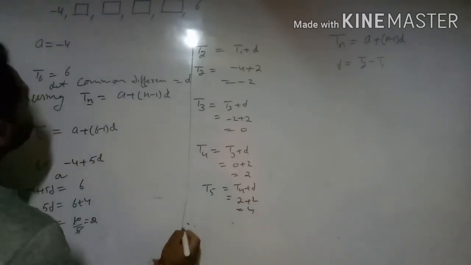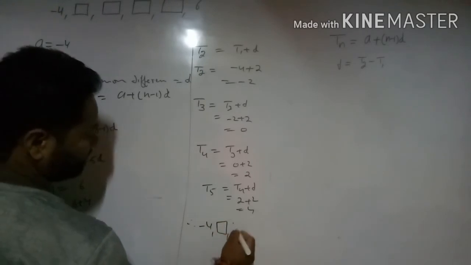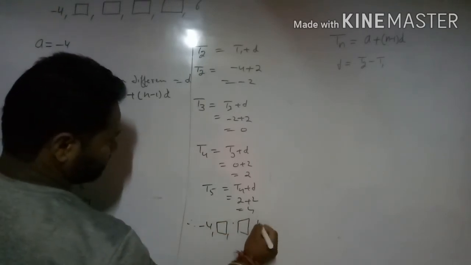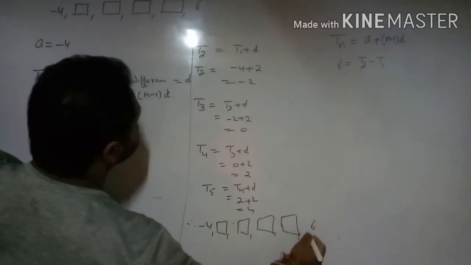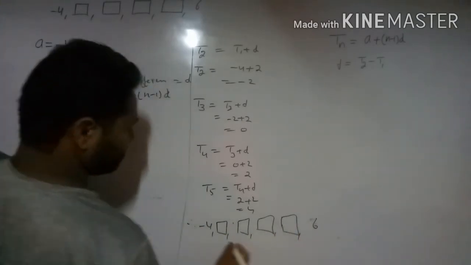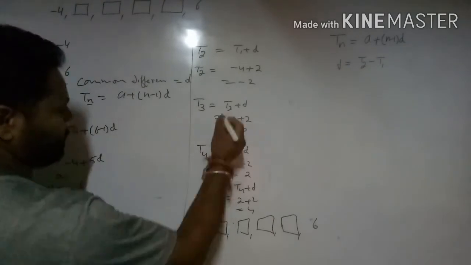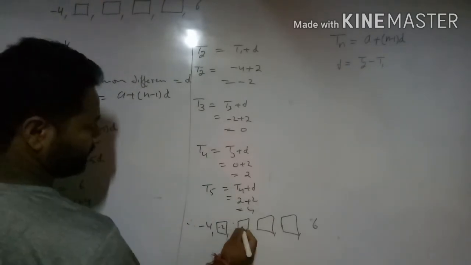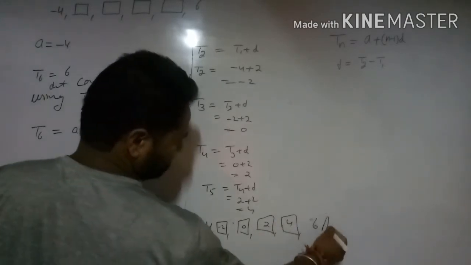Therefore the result: the missing terms are minus 2, then 0, then 2, then 4, and this is the answer.